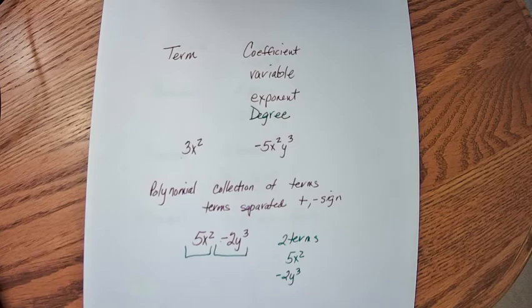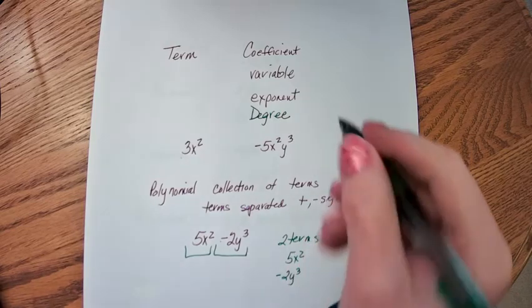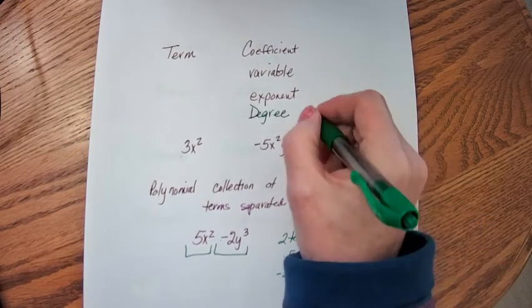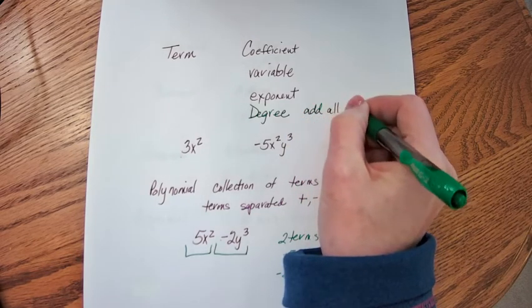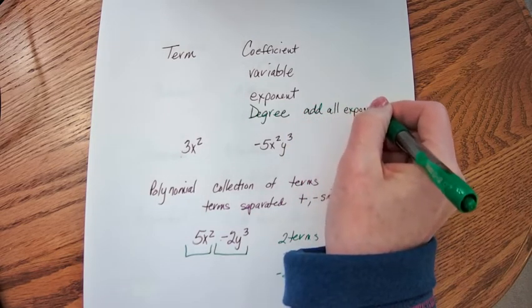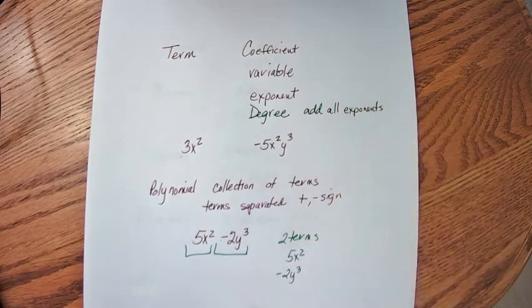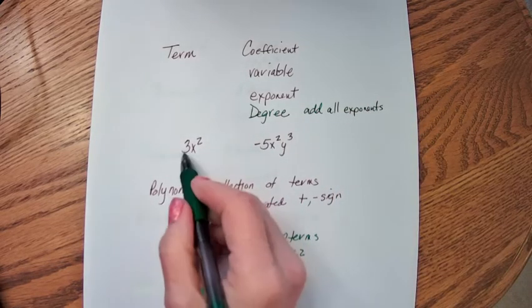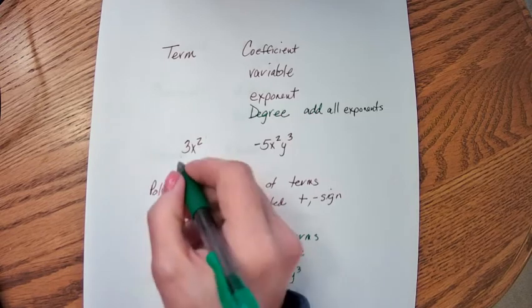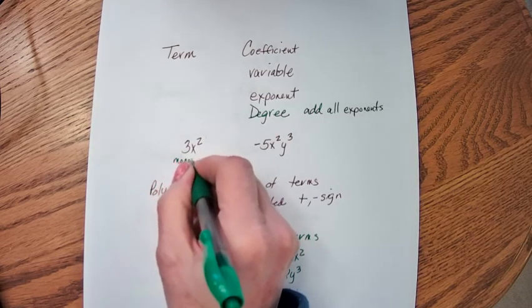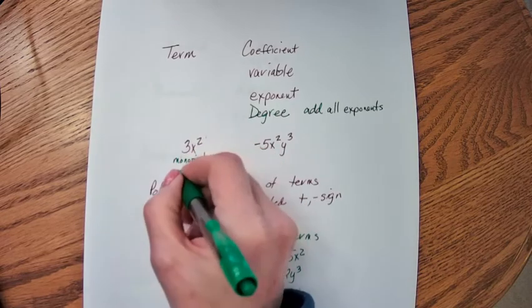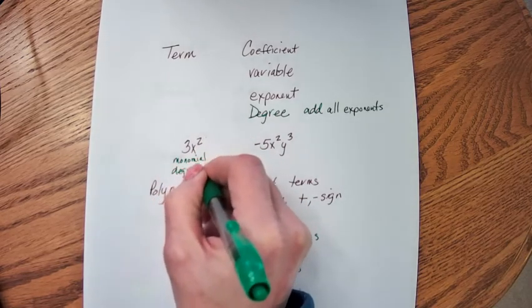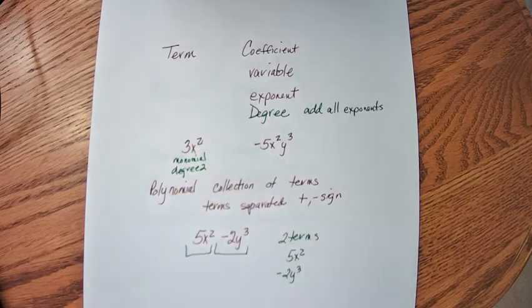And the degree of the term is you add all the exponents for that term. So right here, this is a monomial because there's only one term, and it would be degree 2 because we have the second power.